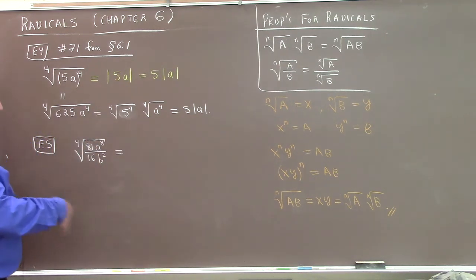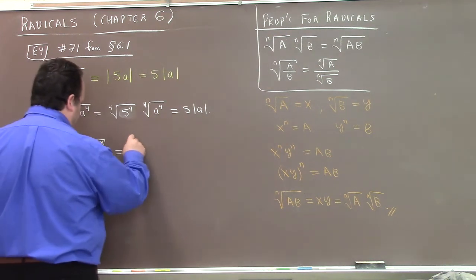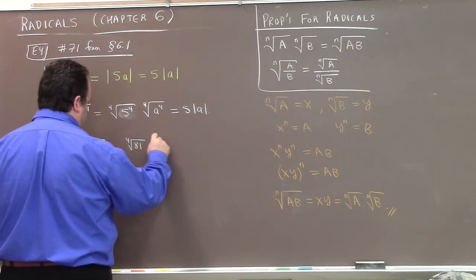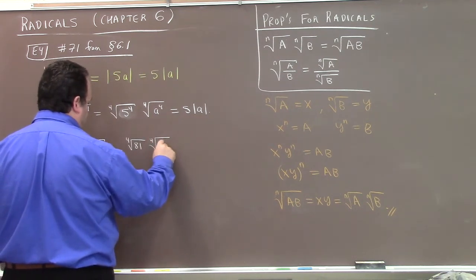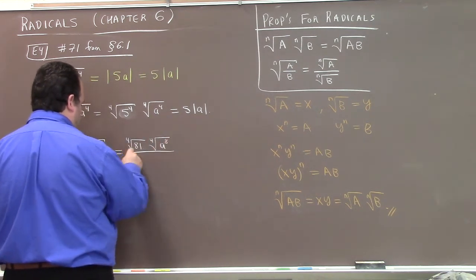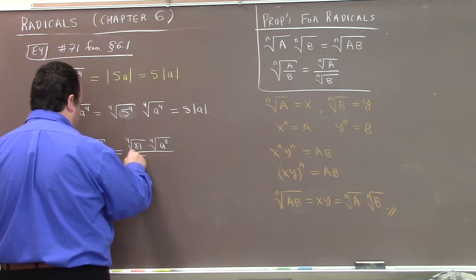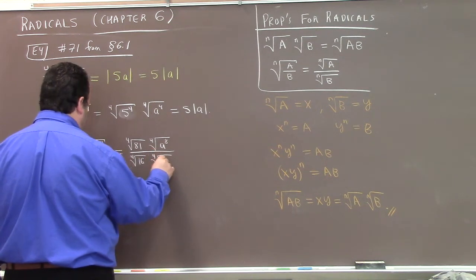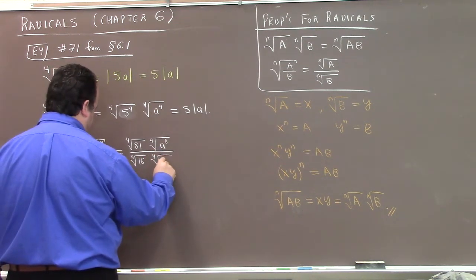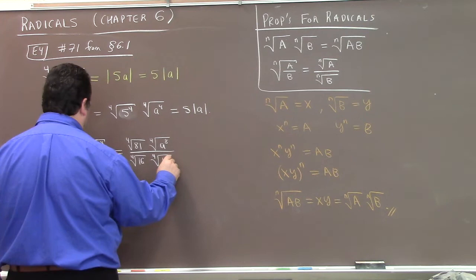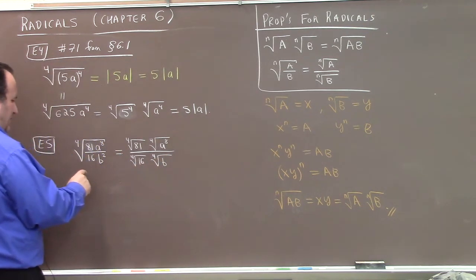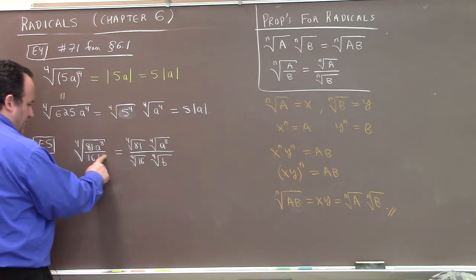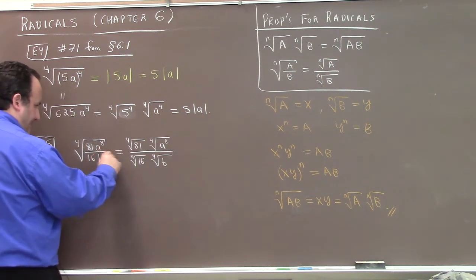So if I use my properties of radicals, this is the fourth root of 81 times the fourth root of a to the 8th over the fourth root of 16 times the fourth root of b squared, yeah? I don't want b squared there, I'm a dummy. B to the fourth is what I meant to put there. I'm sorry. B to the fourth.